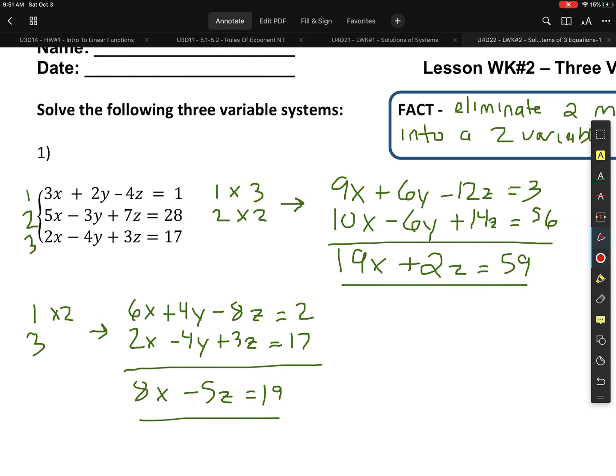So I look at this, I'm going to get rid of z. So I'm going to multiply this equation by 2 and this equation by 5.